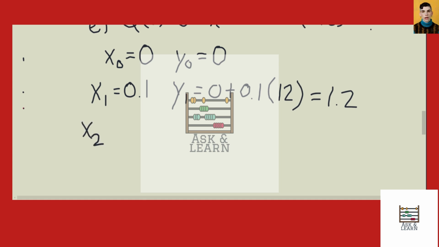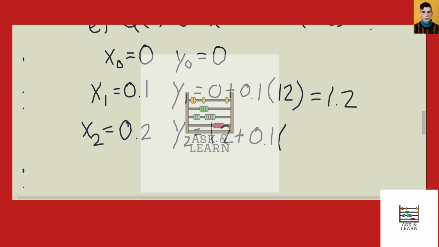Second step, x2 is equal to 0.1 plus 0.1, which is 0.2. And y2 is equal to y1, which is 1.2, plus our step size times the value of our function at the point (0.1, 1.2).